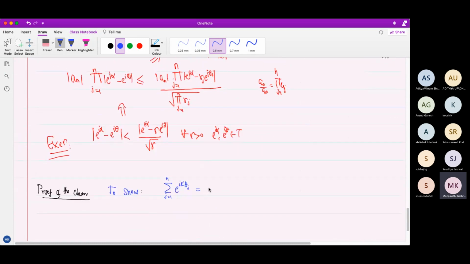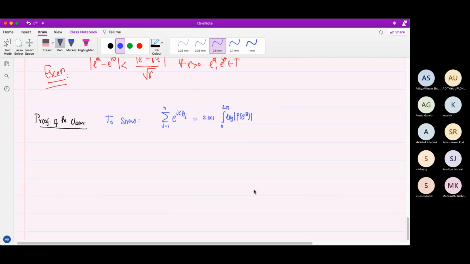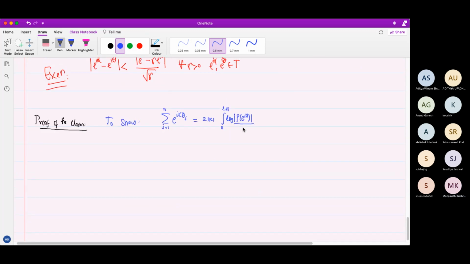Okay, 2 mod k log mod p divided by an, for p with roots on the unit circle.